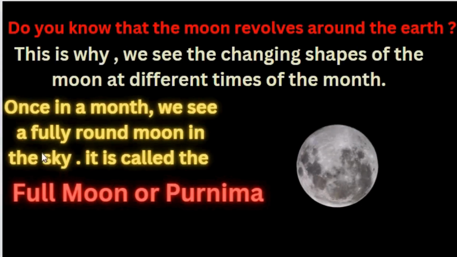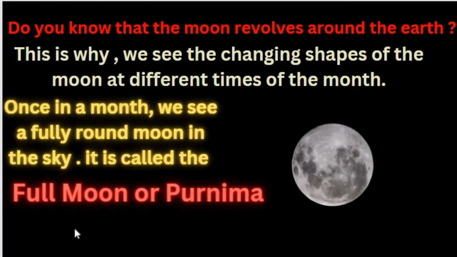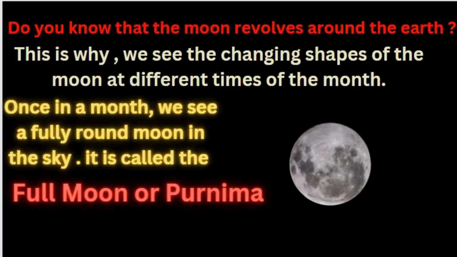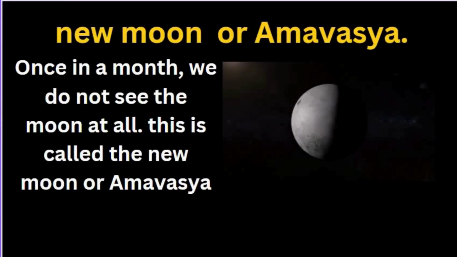Once in a month, we see a full round moon in the sky. It is called the full moon or Purnima. Okay, so once in a month we see the full moon in the sky, and that day is called the full moon or Purnima. New moon or Amavasya.